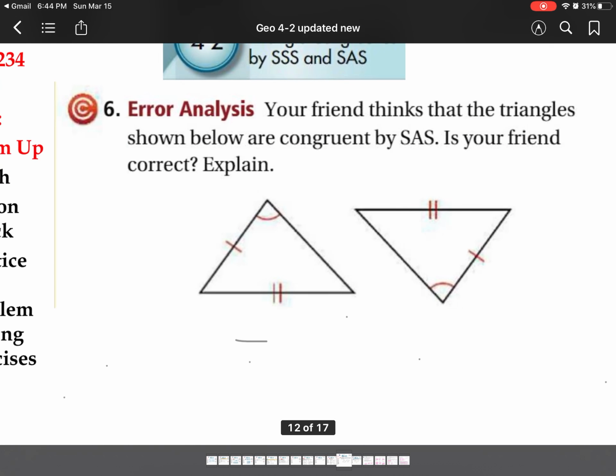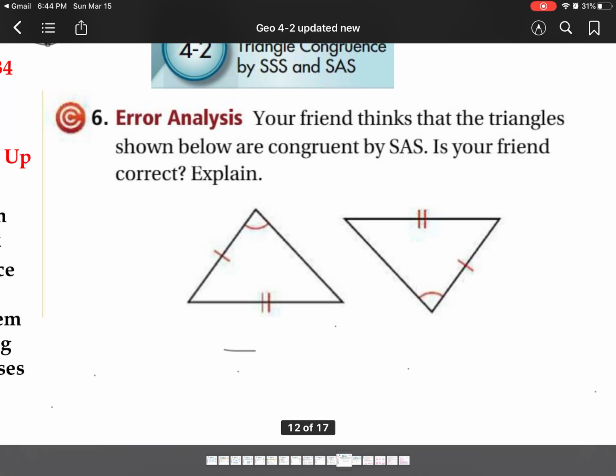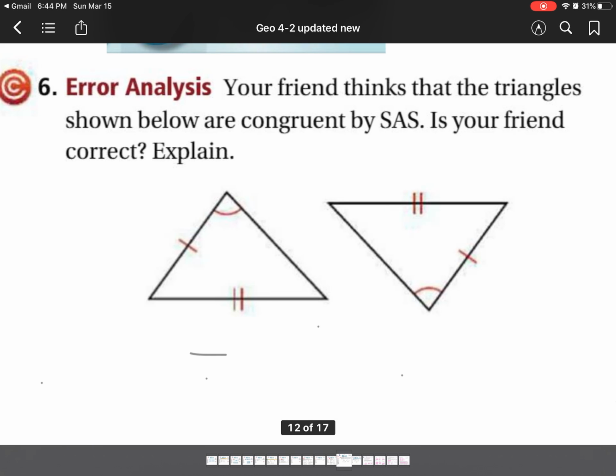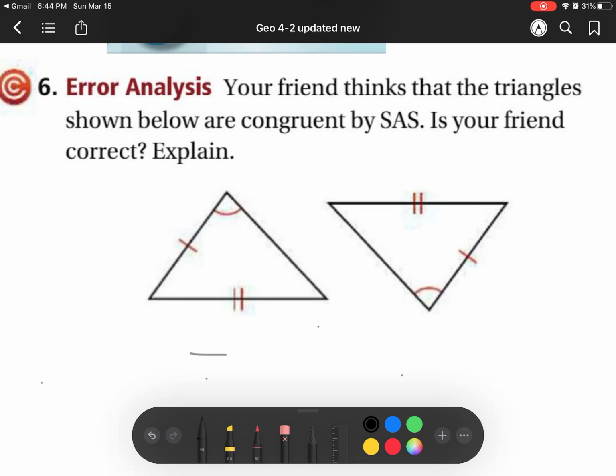Let's go here. Question number 6, error analysis. Your friend thinks that the triangles shown below are congruent by SAS. Is your friend correct? Explain. Let's see. Our job is to make sure that the angle given is between the two sides. Here's my side. Here is the other triangle's side.